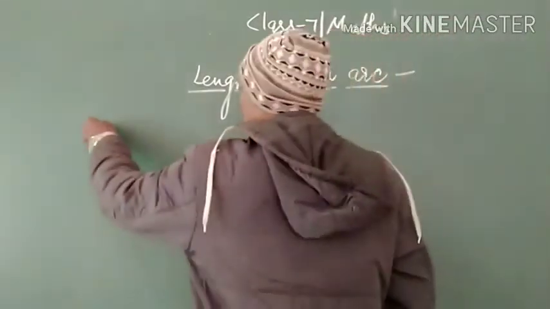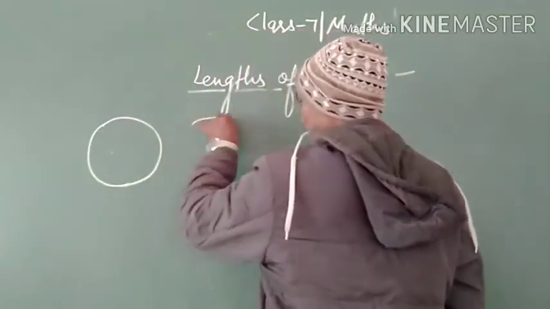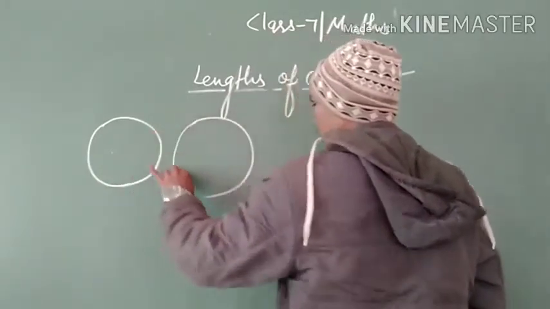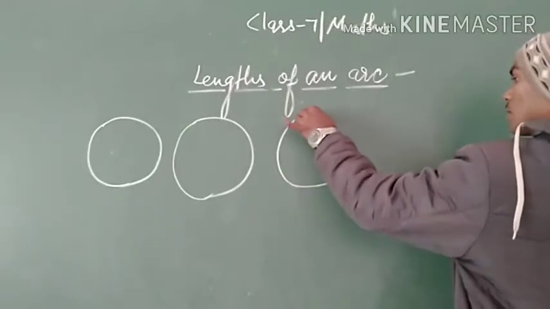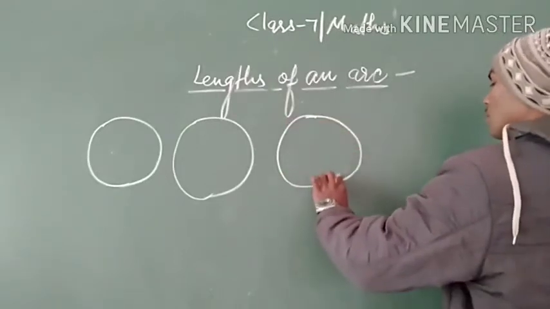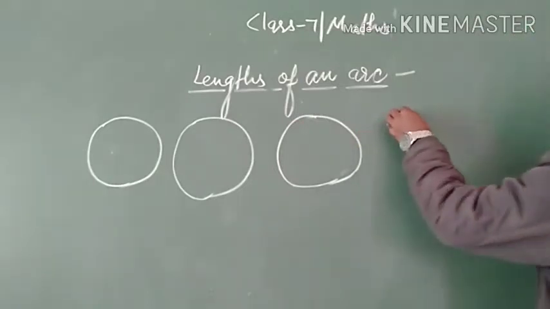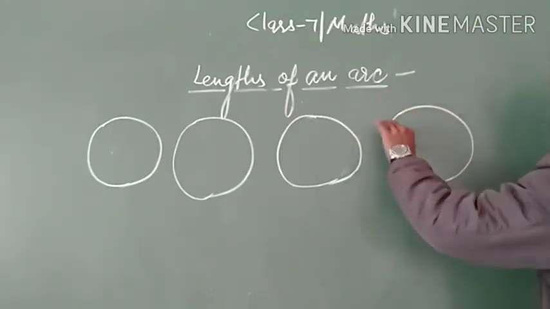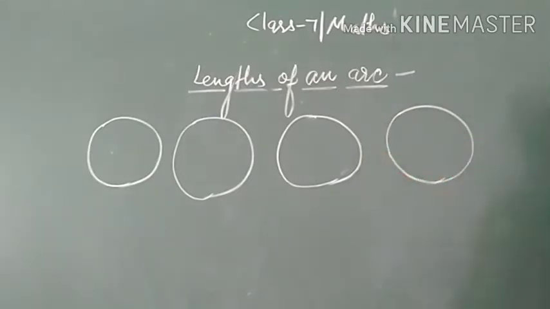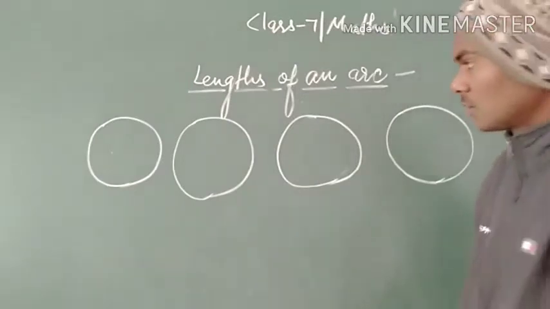If we draw some circle like this, and if we carry out a small construction, then we shall get the various facts that arise from this figure. Here we have some circle.